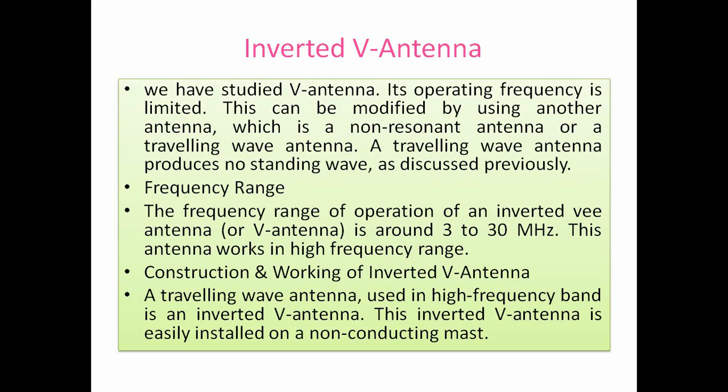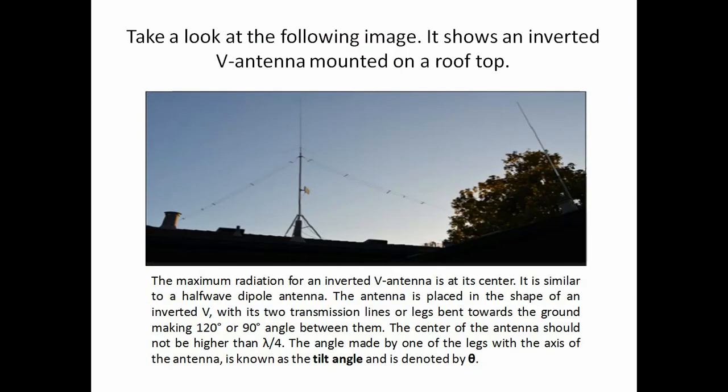The traveling wave antenna produces no standing waves, and its frequency range is between 3 to 30 megahertz, the same as the V type of antenna. It works in the high frequency range, and this inverted V antenna is easily installed on a non-conducting mast.